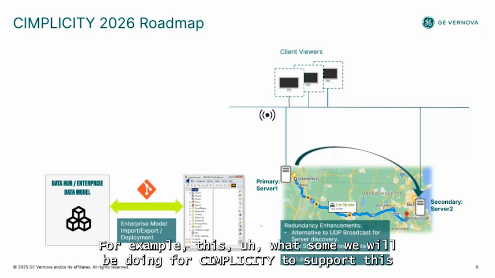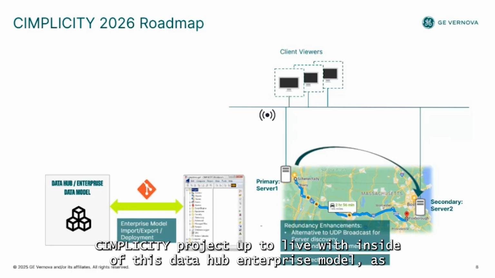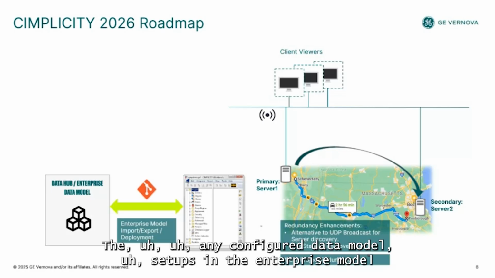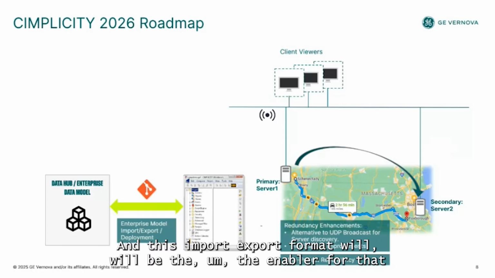What we will be doing for Cimplicity to support this is that you will have the ability to export your Cimplicity model in a given Cimplicity project up to live inside of this Data Hub enterprise model, as well as be able to turn around and push any configured data model setups in the enterprise model down to specific Cimplicity servers. And this import-export format will be the enabler for that.